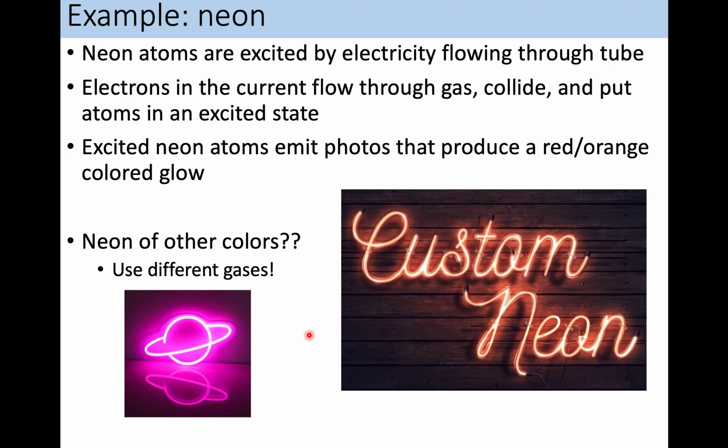If you wanted a neon, in quotes, a neon light that was blue, you would need to find a gas that will emit photons in the blue wavelength so that you can have a blue planet here, or a blue whatever sign you're trying to make. So they're not actually all neon lights. They're all different kinds of gases being excited. The color depends on which gas you put inside.